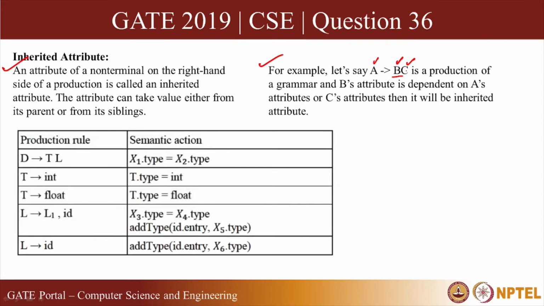So for our given grammar and production rule, suppose T is taking the attributes from D or L, then we can say these are inherited attributes, because it is taking the attribute from its parent as well as siblings.